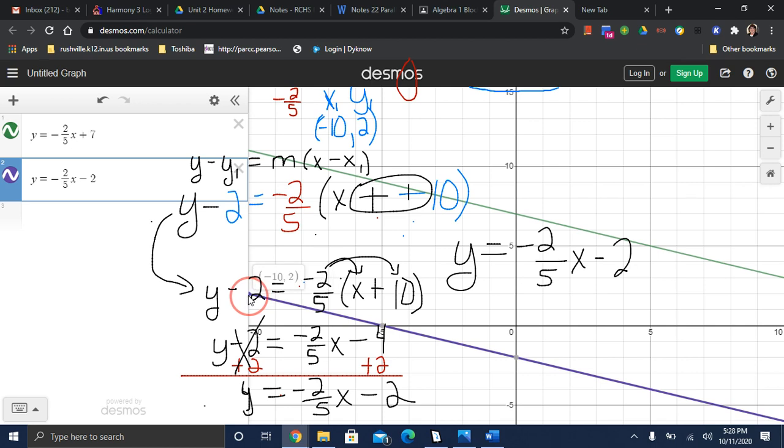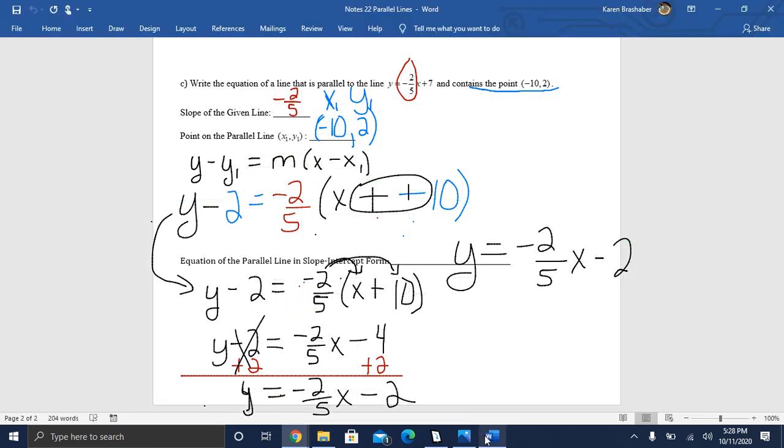So we needed it to be parallel to our given line, but going through this random point of negative 10, 2. So these are your examples for finding the equations of lines parallel to given lines.